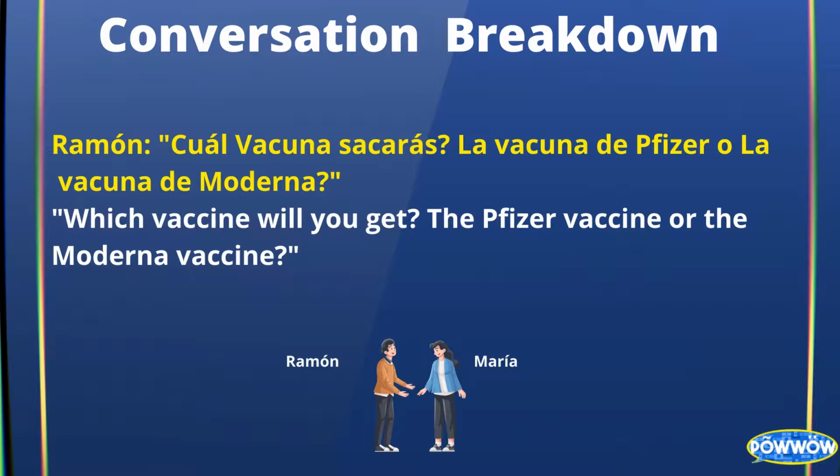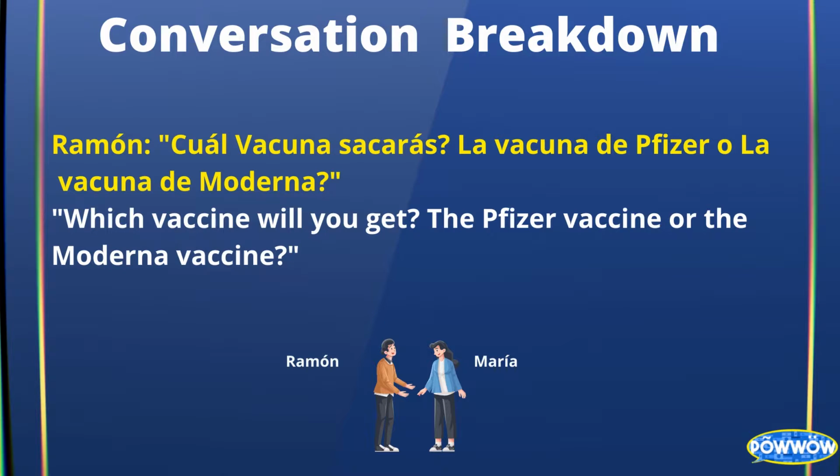Now, keep in mind that unlike in English, Spanish does not use apostrophes for possession of something. So we can't say Pfizer's vaccine or Moderna's vaccine in Spanish. So you have to break it down literally and you have to say the vaccine of Pfizer or the vaccine from Pfizer.